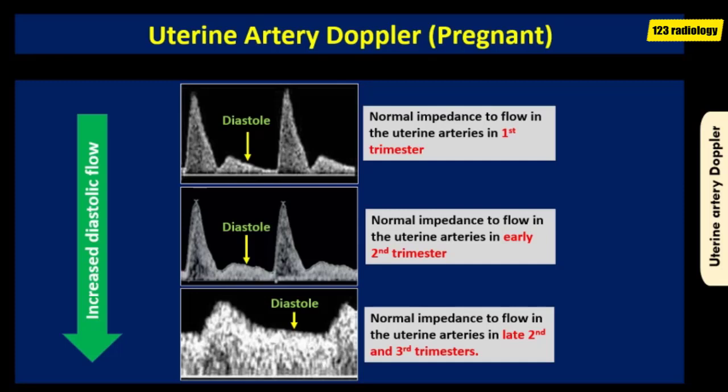So, the uterine artery waveform changes from relatively high resistance in the non-pregnant state to a low resistance waveform in pregnancy, with continuous forward flow throughout diastole, as you can see on these images. This process is complete by about 18 weeks of gestation. In pregnancies with impaired placentation, high uterine vascular resistance will persist after this time.